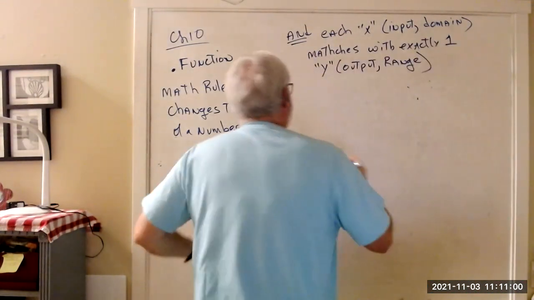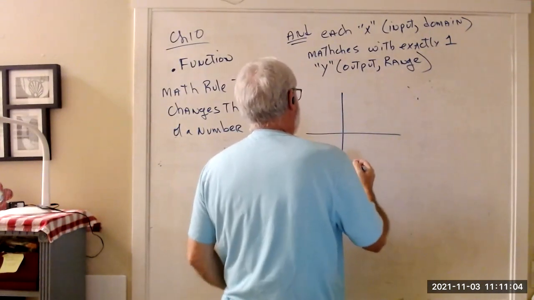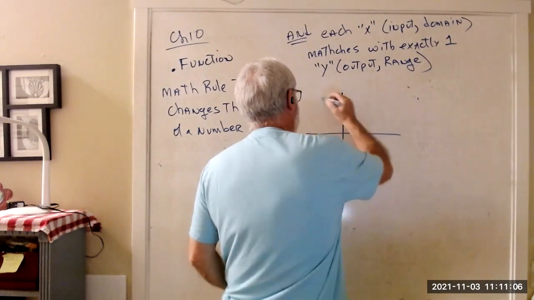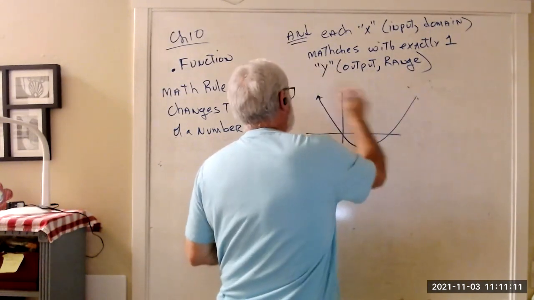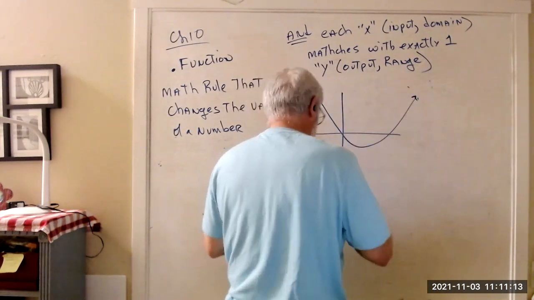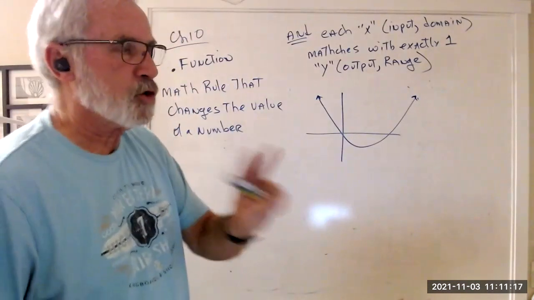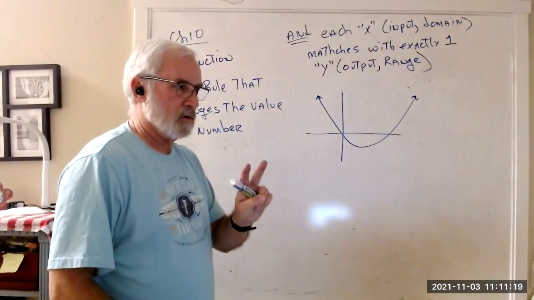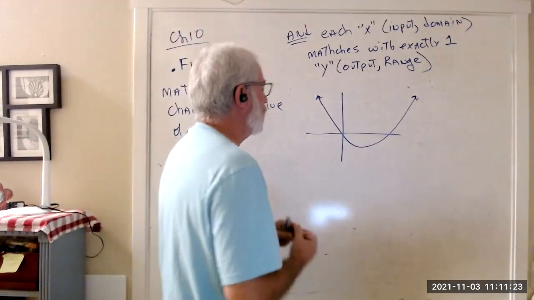If I gave you a graph, let's take a nice, pretty big fat graph like that. Is this a function? Now, there's 2 ways to tell, and we've talked about both ways.